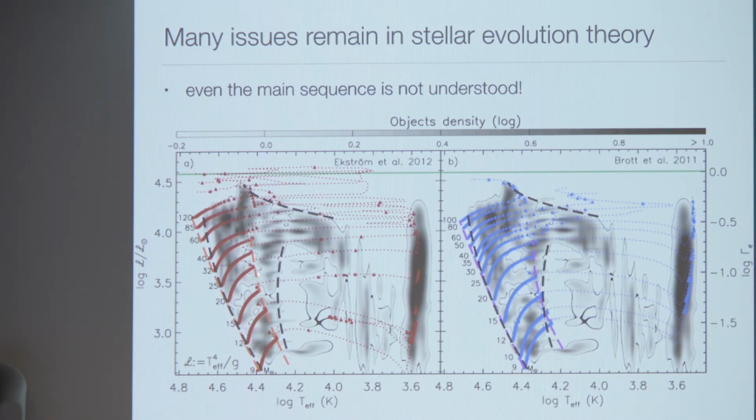They predict the star should stop burning hydrogen in this region, but what we see is that stars extend up to there. So this theory is not predicting the star to go there, and there's an inconsistency between the main sequence region we observe and what is predicted.